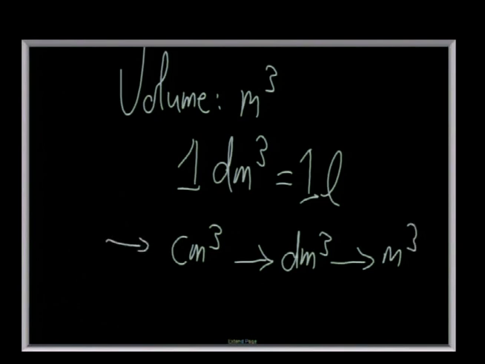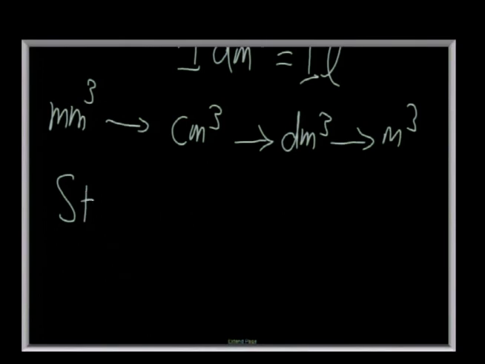You can obviously get millimeters as well. These are all allowed conversions, but in terms of volume, they're not too difficult because it is 1,000 times each one of those that you're going up. Okay, so having done that, what about our standard units? Let's just talk about standard units very quickly, and we will then move on.